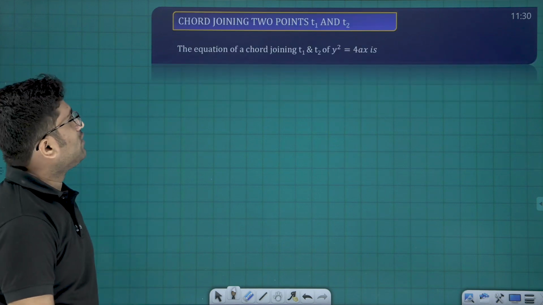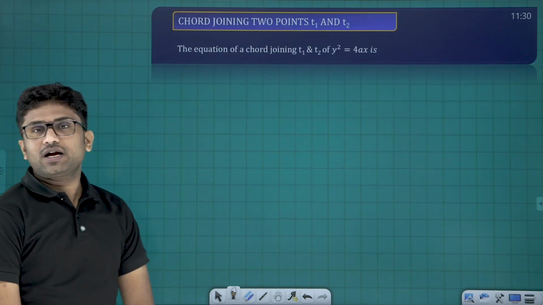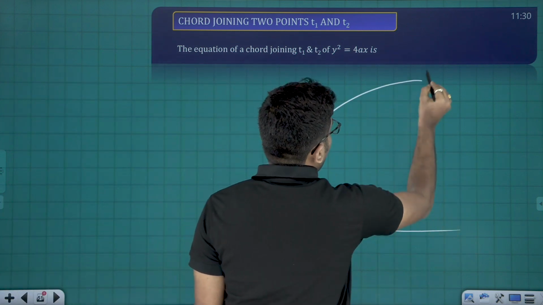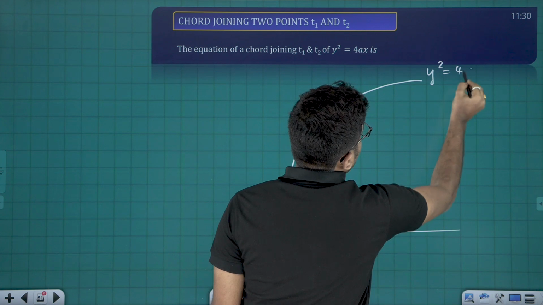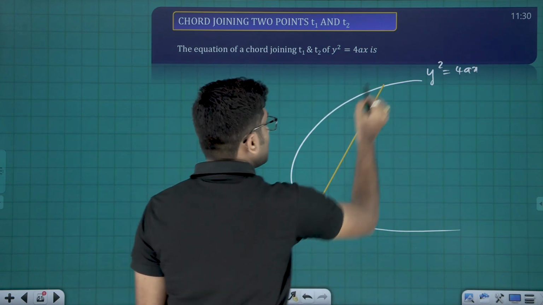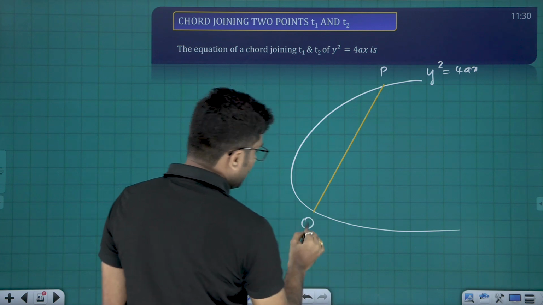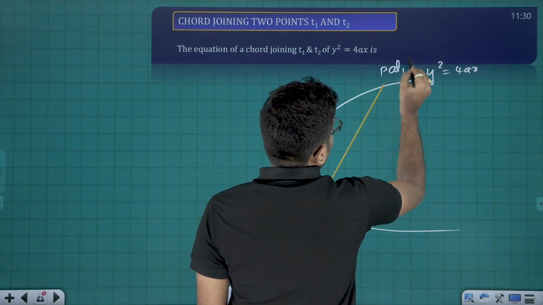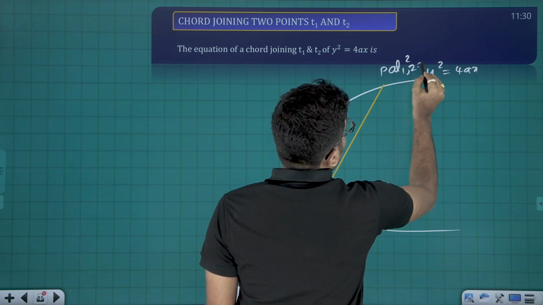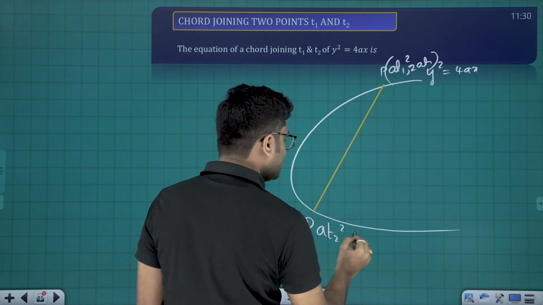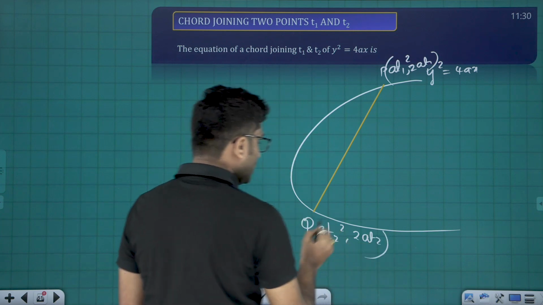Next, equation of the chord joining 2 points P(t1) and Q(t2). Consider a parabola y square equals 4ax. There is a chord joining 2 points, say P(t1) and Q(t2). P(t1) means parametric coordinates (a t1 square, 2a t1), and Q(t2) is (a t2 square, 2a t2).